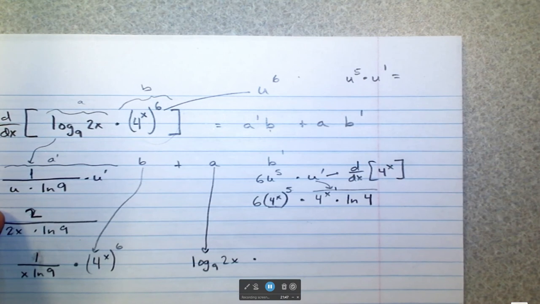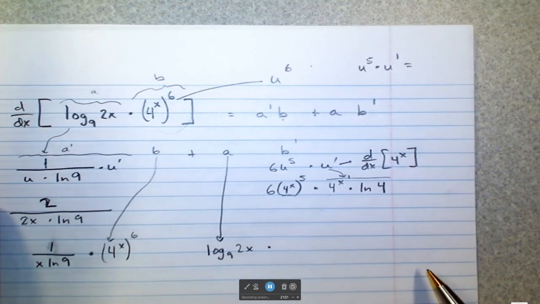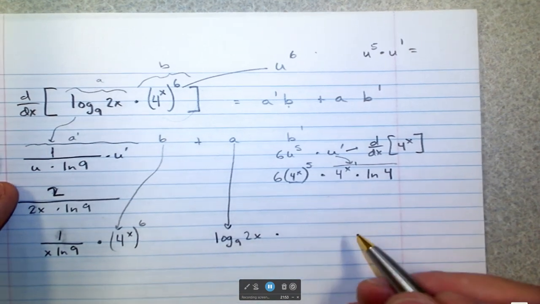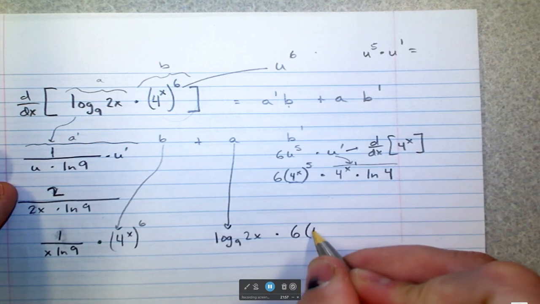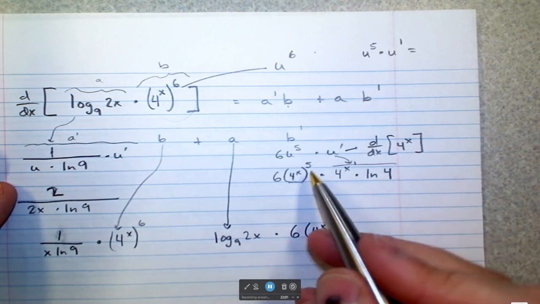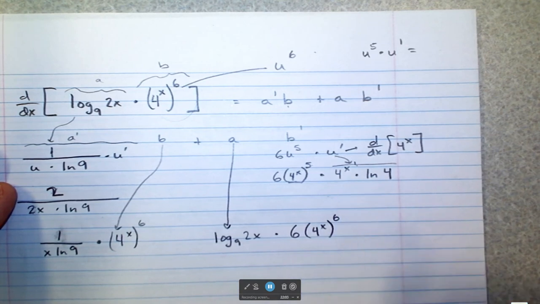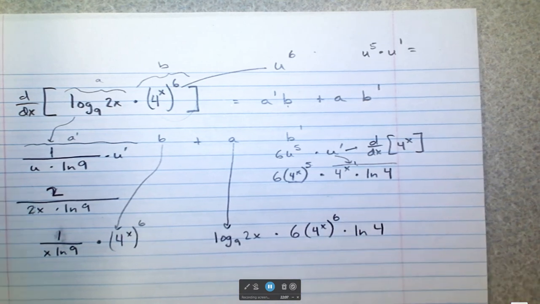What do we do when we multiply two things that have exponents? We add the exponents. So what we end up with here is actually 6, 4 to the x to the 6th, the 5 plus the 1, 6, times the natural log of 4. So basically we end up with our original expression times 6 times natural log of 4.